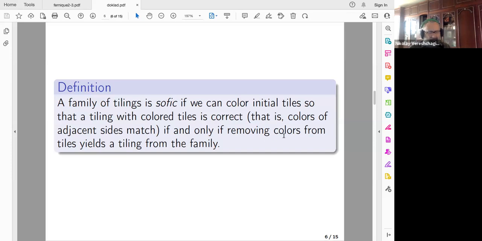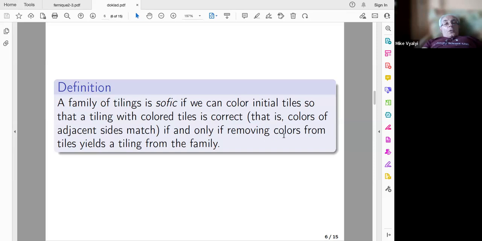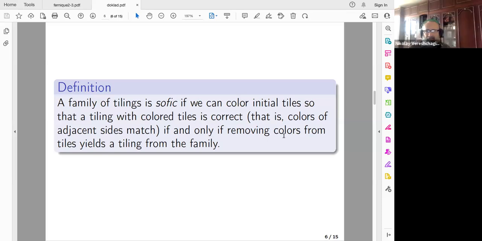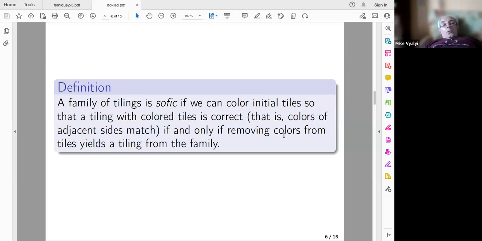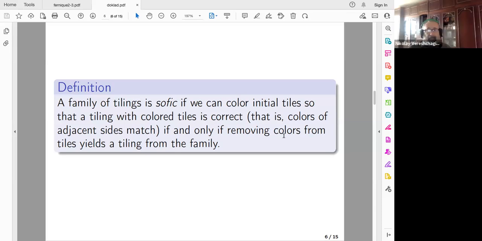So is this definition clear, Misha? Yes, so the family of tilings means we fix a multi-set of polygons. Now we say the family is sofic if we can define it by these local rules, by coloring the sides in some specific way. Right.